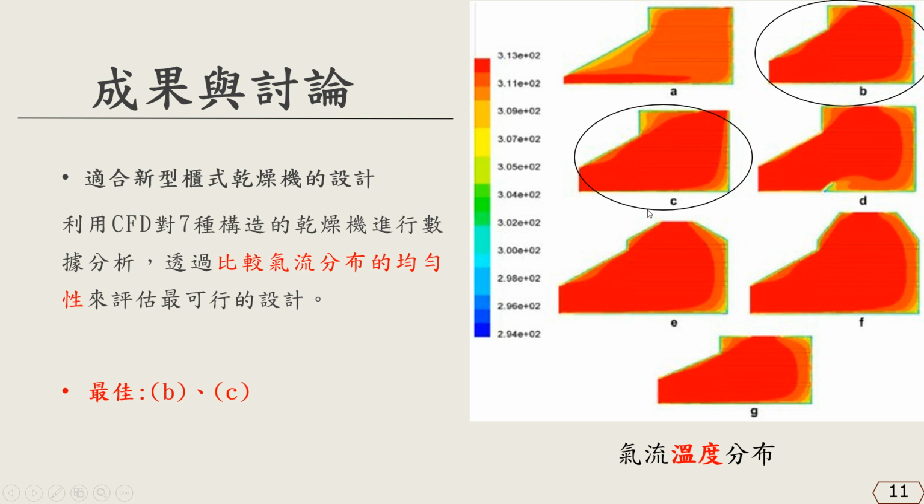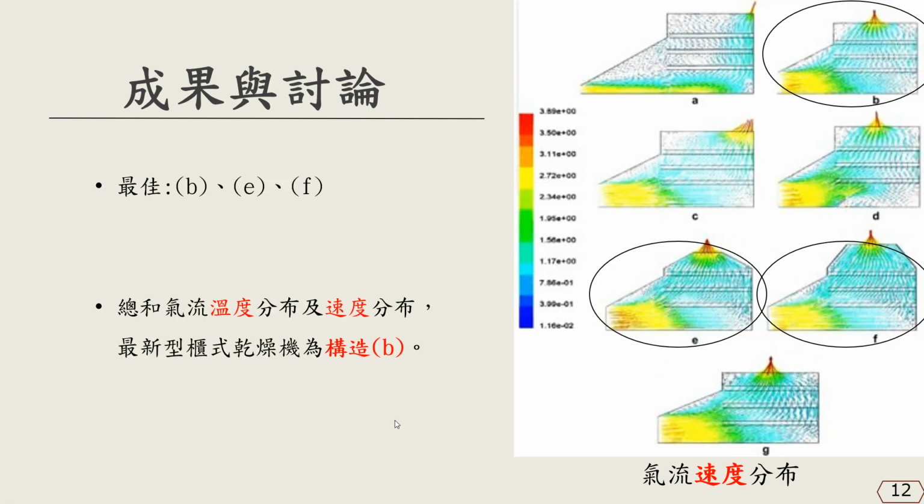The picture on the right is the temperature distribution profile for the 7 designs. We can see that both B and C designs show reasonably uniform air temperature distribution in the drying chamber. The next one is the air velocity profile.